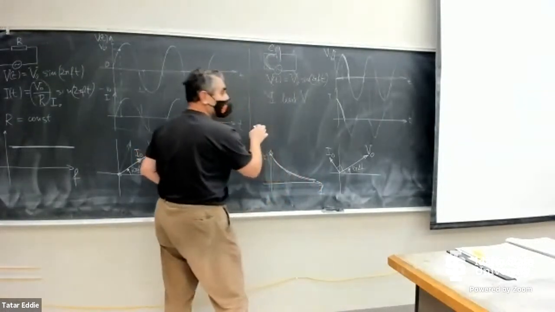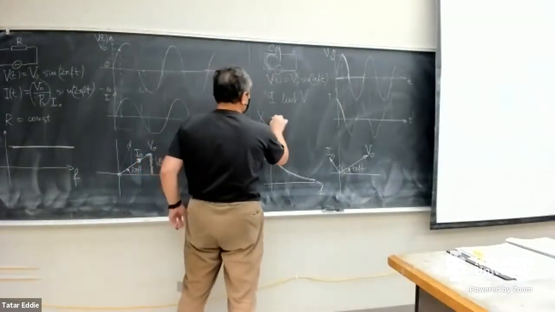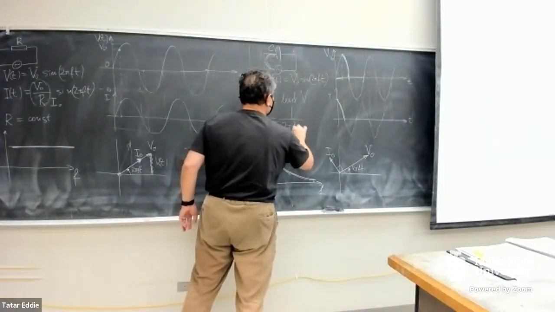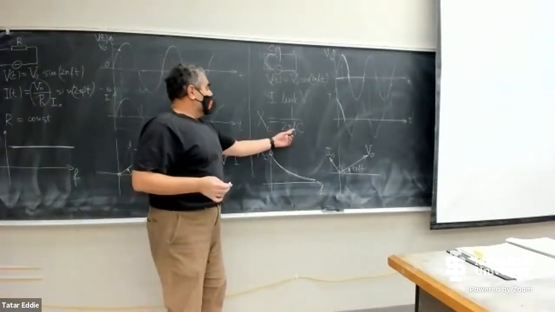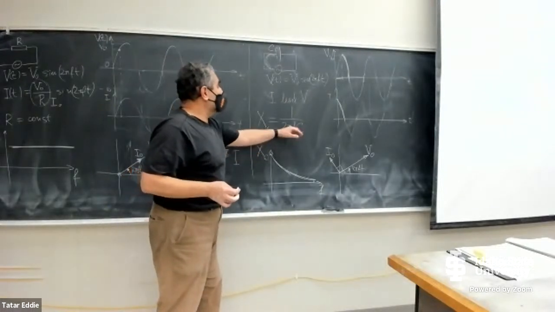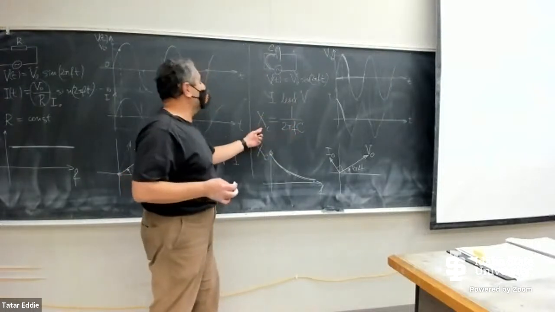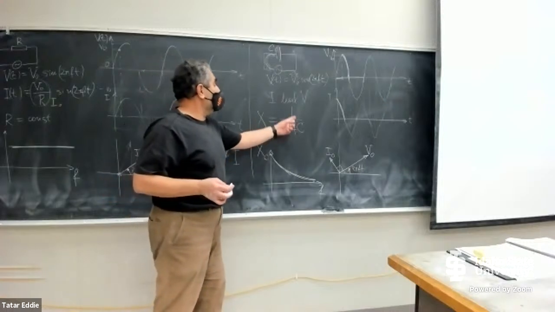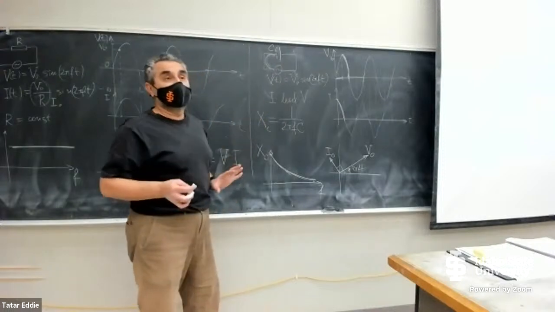And indeed, experimentally, the capacitive resistance is 1 divided by 2 pi frequency times the capacitance of the capacitor. High frequency means a large denominator. 1 divided by a large number gives you a small resistance. Small frequency, 1 divided by some small number gives you a large resistance.